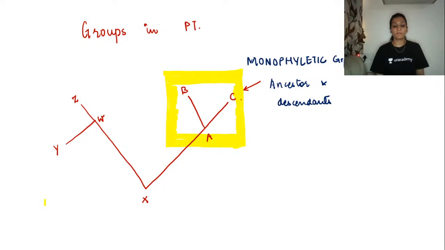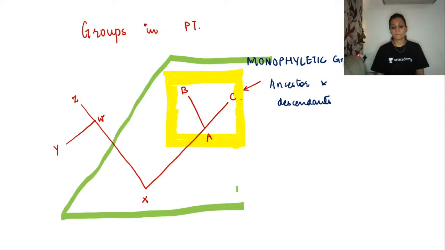Then another thing you can make from this. So for this, how can you draw it? Now here, you can see that the ancestors and all the descendants are not included.